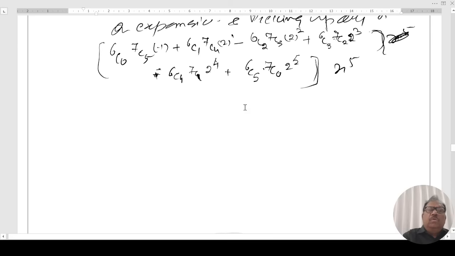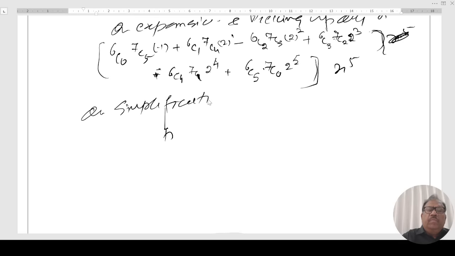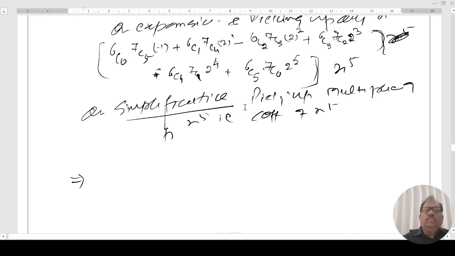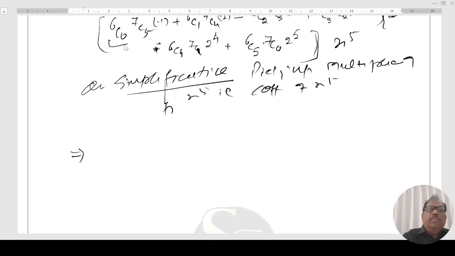So on simplification, picking up the multiplier of x^5, that is the coefficient of x^5, we get the first number, minus 21.